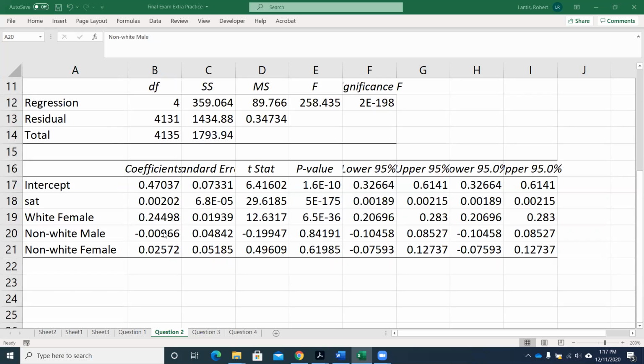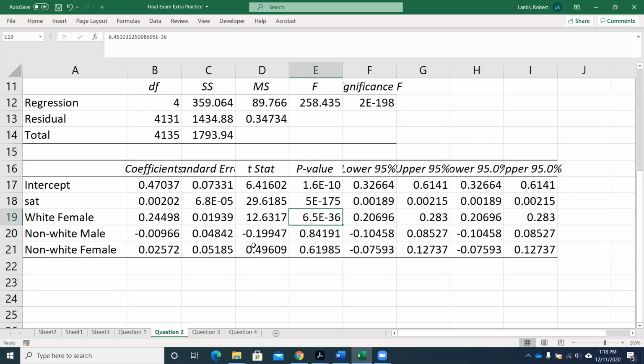Now, one thing that's interesting here is, if we're thinking about race and gender differences, the good news is that if we're looking at the difference between non-white males and non-white females relative to a white male, once we control for the SAT score, the p-values are enormous. So there's really nothing tied to race here potentially. We can't reject the null hypothesis at all. The one thing that's interesting is that the white female category relative to white male is highly significant.